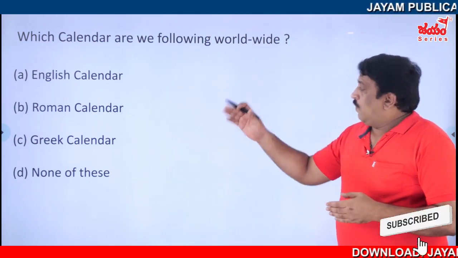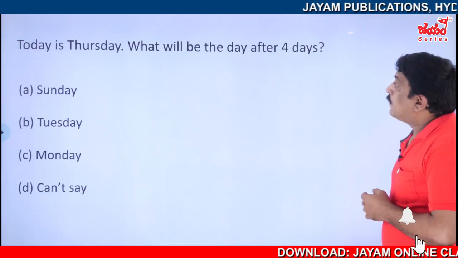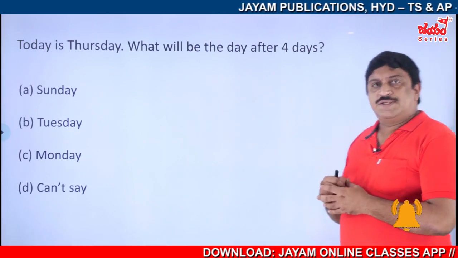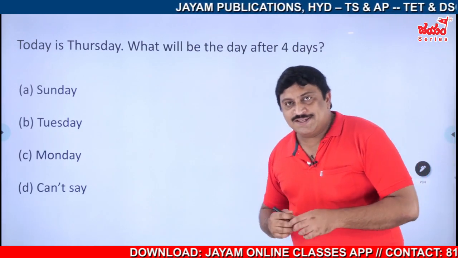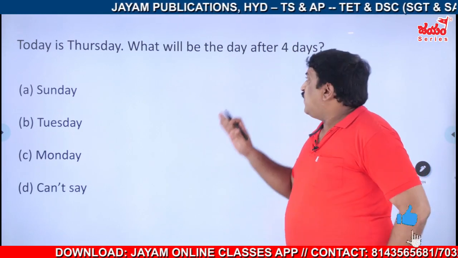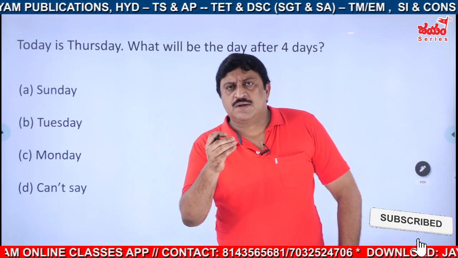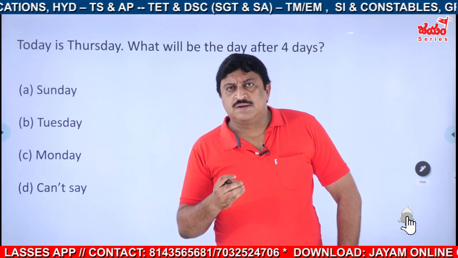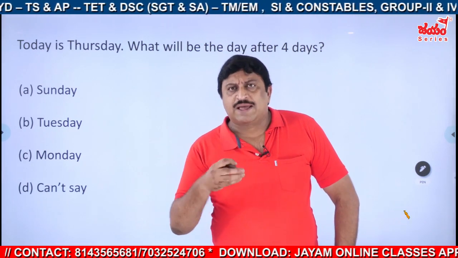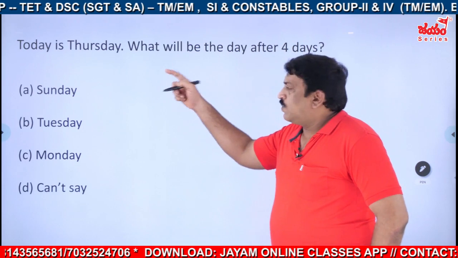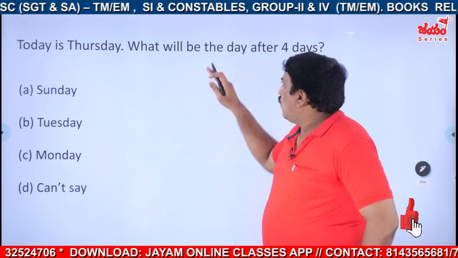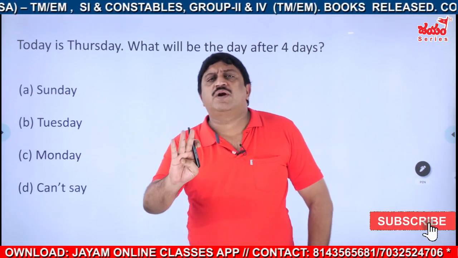The case is, today is Thursday. What will be the day after 4 days? Give this much minimum basics. Let it be the minimum calculation part, right? So, if today is Thursday, what will be the day after 4 days? Simply 4 days.